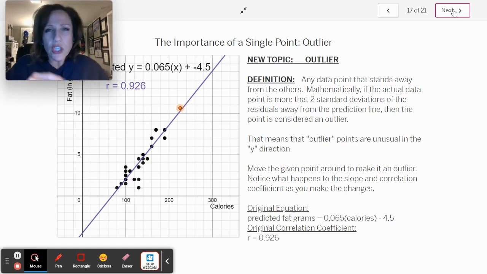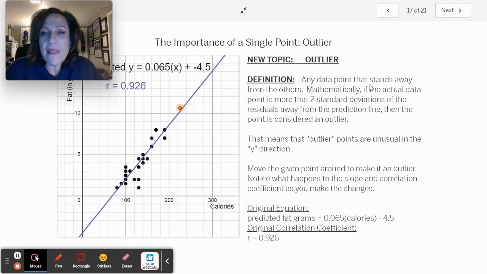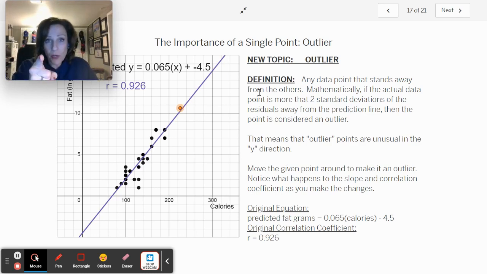What do outliers look like in that regard? Okay, so it still is based on this idea. Definition, here we go. Any data point that stands away from the others. Okay, I get that. That is more than 2 standard deviations of the residuals. Important. 2 standard deviations of the residuals.